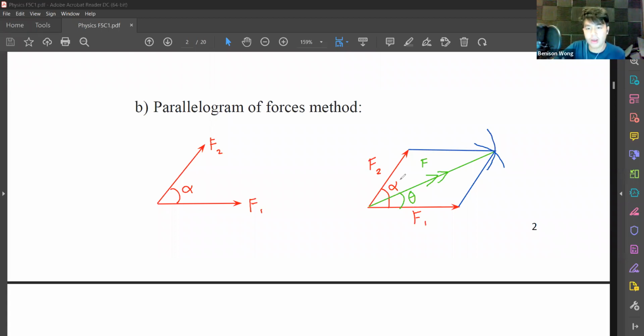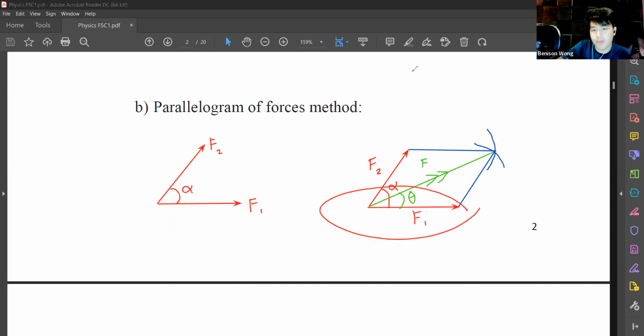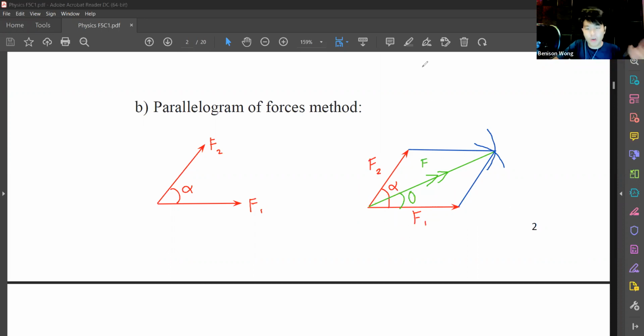The ratio of the length of this line to this length will be the ratio of the resultant force to this force. Do you understand? The ratio of the length will be equal to the ratio of the force. Is that clear? Yes. Okay, so you screenshot this first.